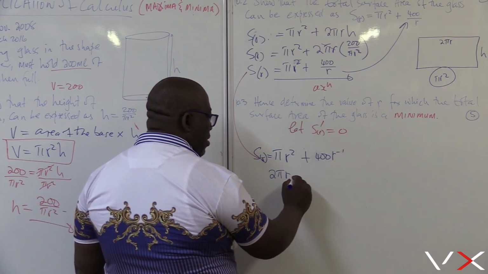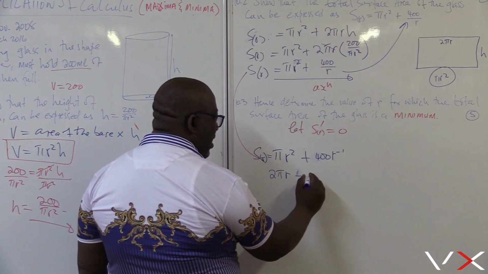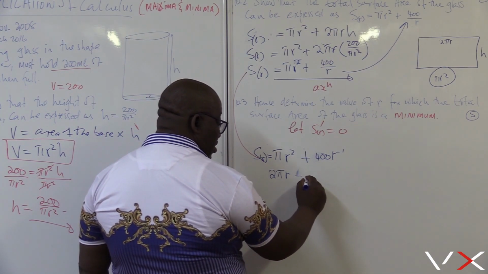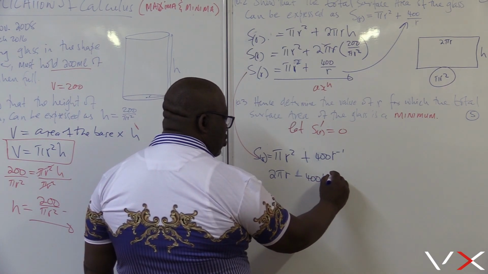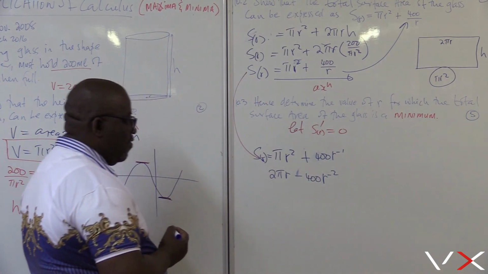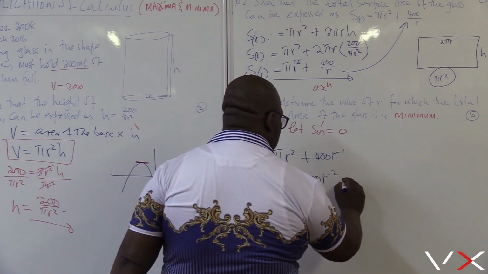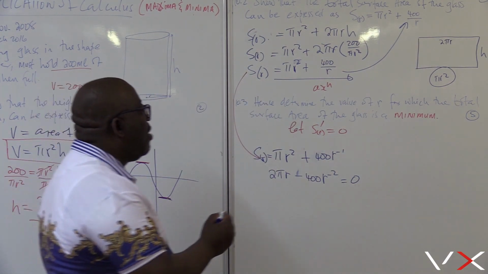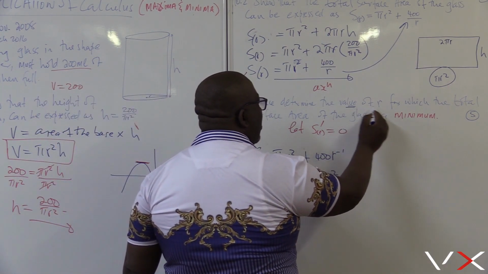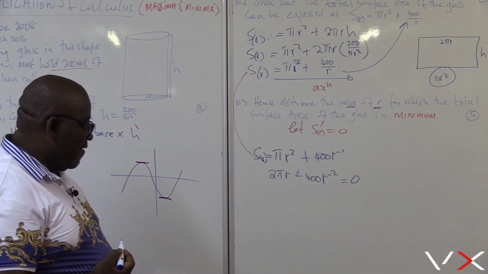Differentiate this one, it will be minus 400 r to the power minus 2. I'm letting this be equal to 0. Remember, we're looking for one value of r, not many.